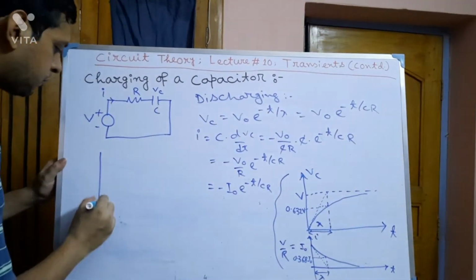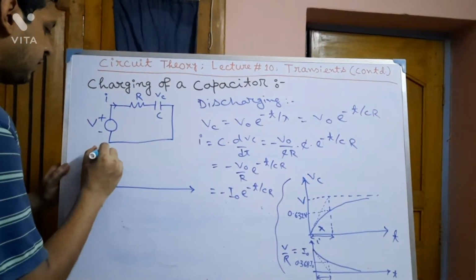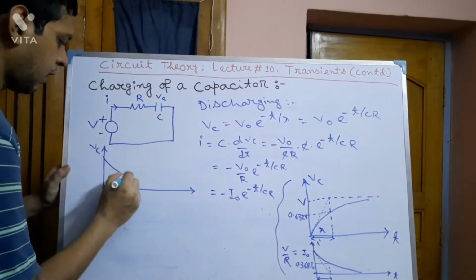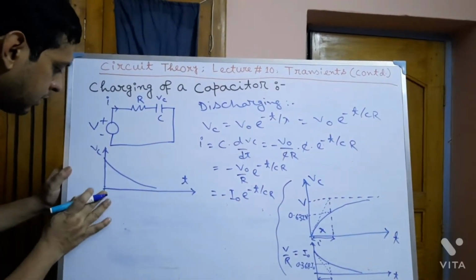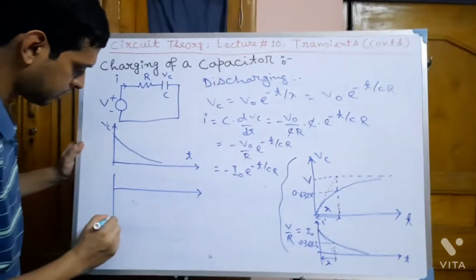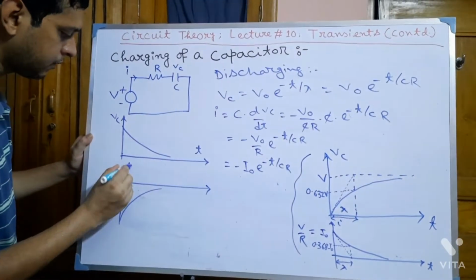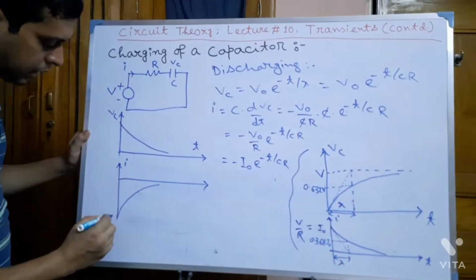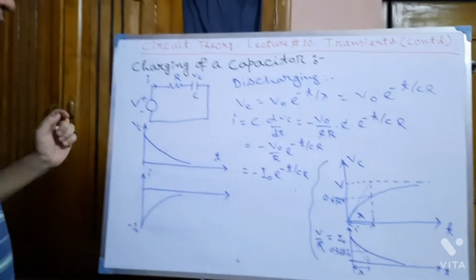So at the time of discharge, Vc will vary like this one, and I will change, I will follow this path. This is I, and the initial value of I was minus I0. Okay.